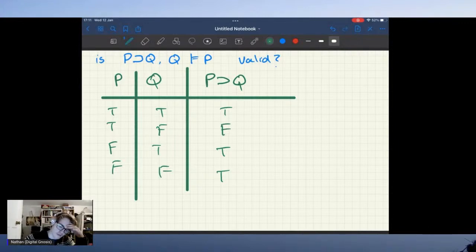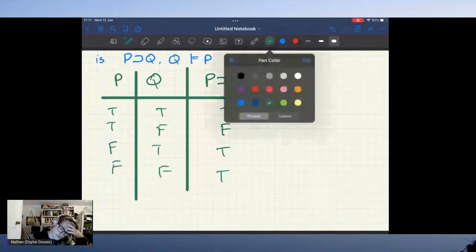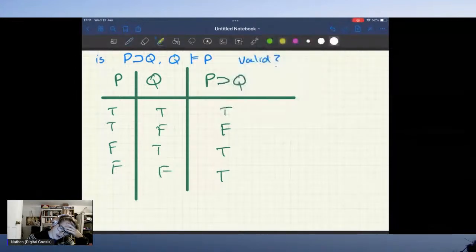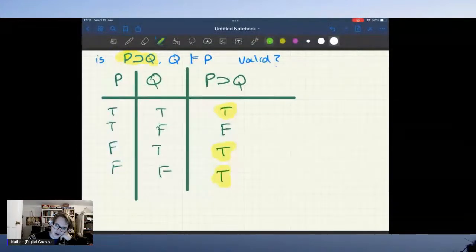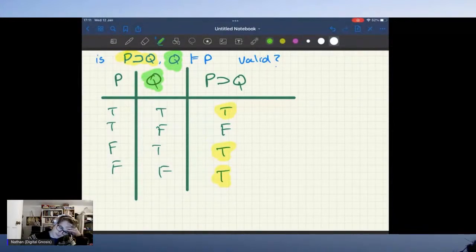And now what information do we know? What are we looking for? So the models that we care about are the ones where P then Q is true. So that's this, this, and this. We care about these models or these structures. And then we also care about the case where Q is true. So we care about this and this.